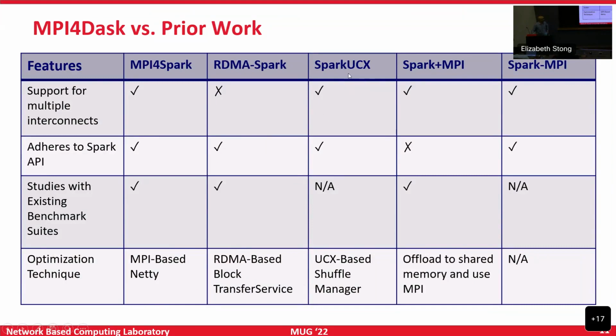The approach taken by, let's say, Spark UCX is that they have developed a new shuffle manager. There is this concept of a shuffle manager, and each shuffle manager has multiple block transfer services. The approach that we have taken in MPI4Spark is that we have not modified the code for shuffle managers, but we have written a new block transfer service which is based on MPI.